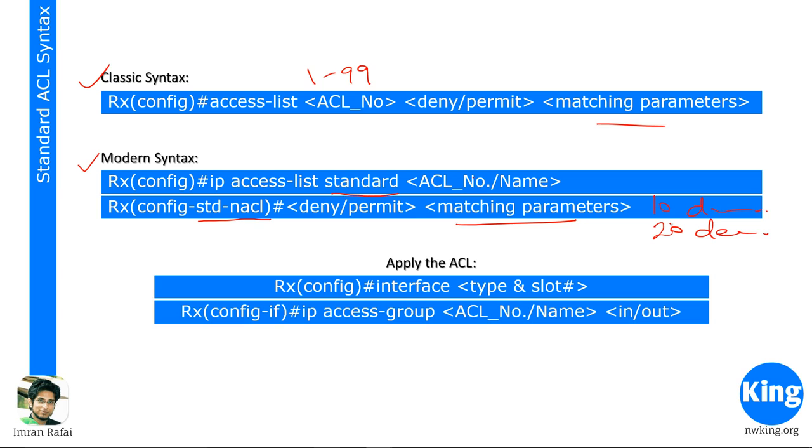The order is very, very important, so if you want something to come in between these, you can manually put a sequence number 15 and say deny, and that is going to come in between. Or you can just say delete 20. You have 30, 40, 50. You can say delete 20, this line gets deleted, and you can add another 20. So there are different ways of editing using the modern syntax, which is not available in the classic syntax.